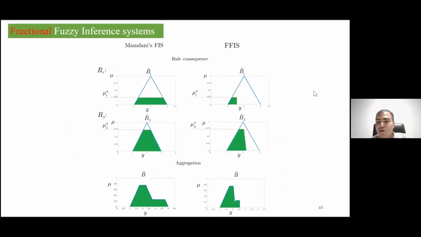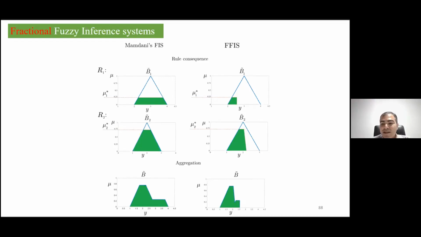This slide shows a comparison between the Mamdani FIS and the fractional fuzzy inference systems for a single input and single output with two rules. These are the consequent parts, and mu sub 1 star means the truth degree coming from the antecedent part in the first rule, and mu sub 2 is the truth degree coming from the antecedent part in the second rule.